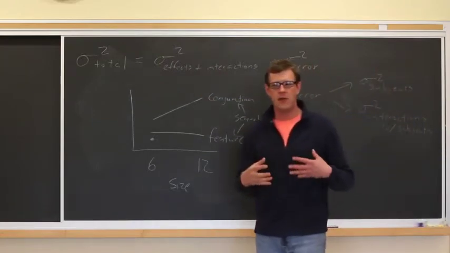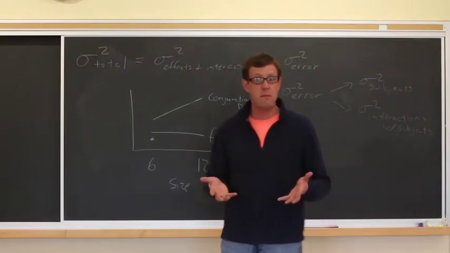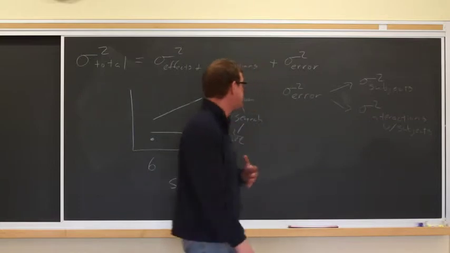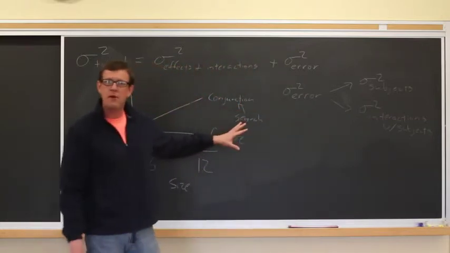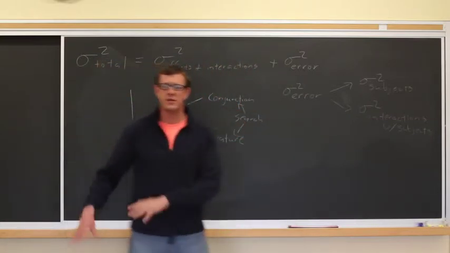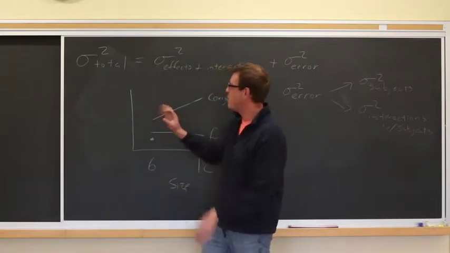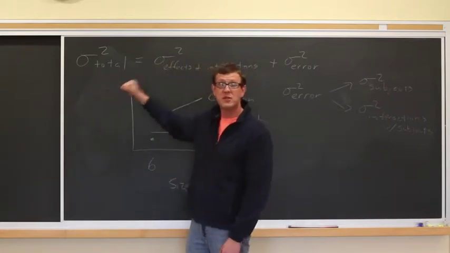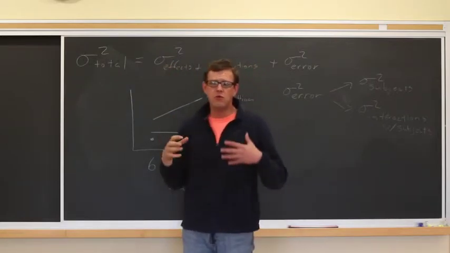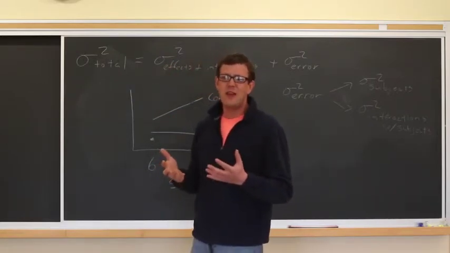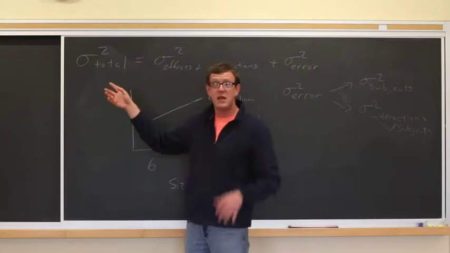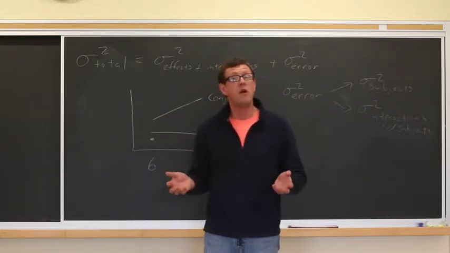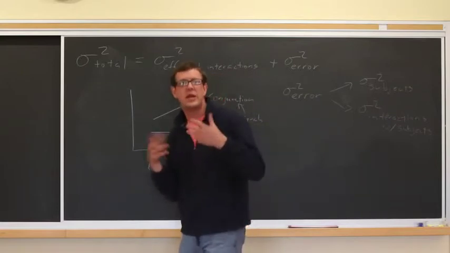Now, depending on the type of design that we have, we may or may not be able to break that error up into additional pieces. So, in the example that I was talking about originally, where you had me versus some other person, or one group of people versus another group of people, you really can't be sure if the individuals that are fast in the between subjects condition are just fast in general, or if they're fast in that particular condition.